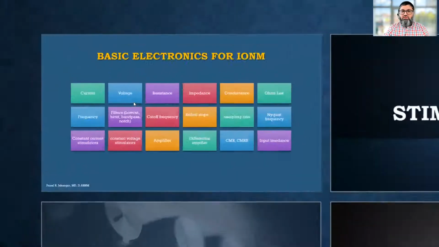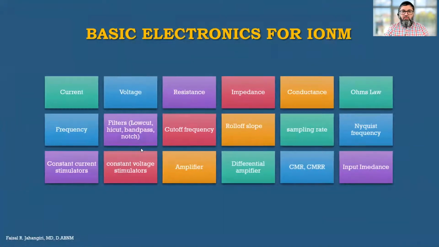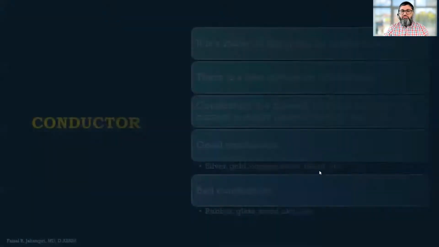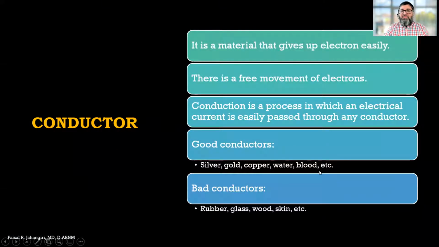So the definitions of different topics start with the conductor. A conductor is a material that gives off electrons very easily. There is a free movement of electrons in that material. Conduction is a process in which electrical current is easily passed through any conductor.